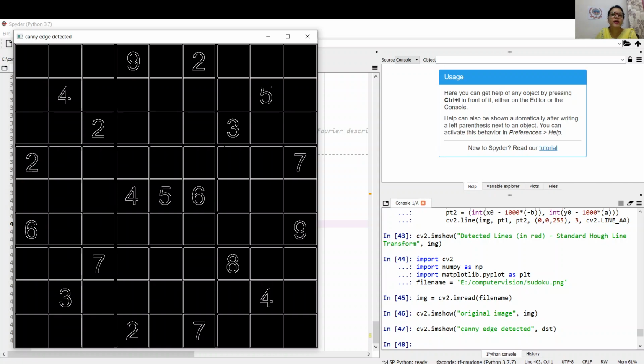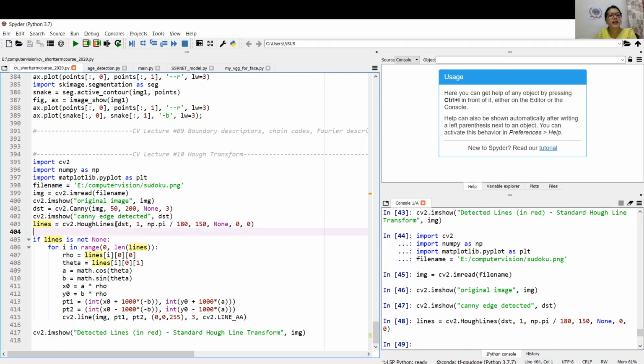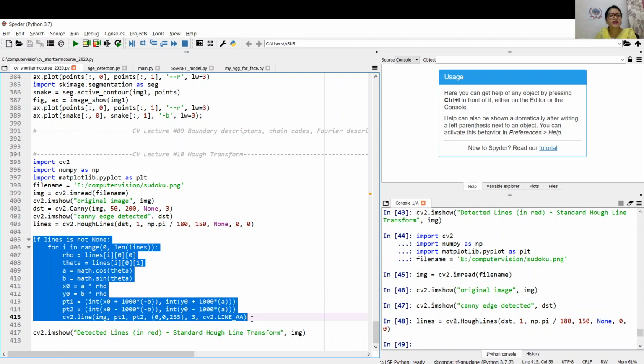You can apply Sobel and Roberts cross filter also. So this is what I am getting. And then we will run the Hough lines, CV2 HoughLines. So in the Hough space I am trying to find the lines.